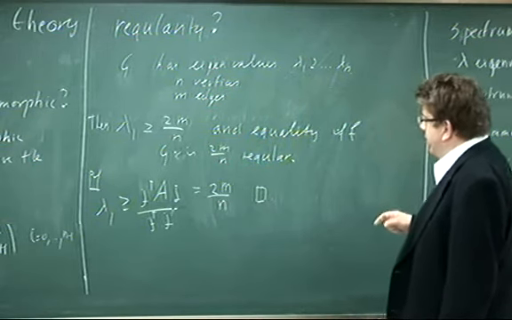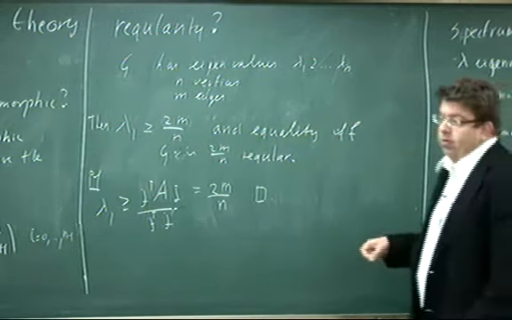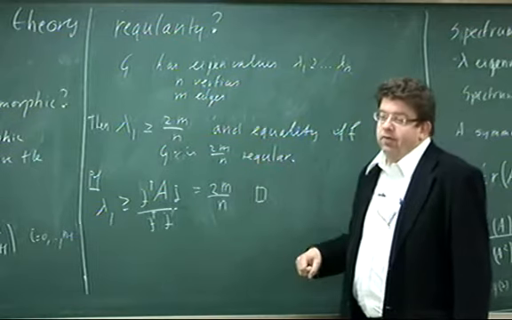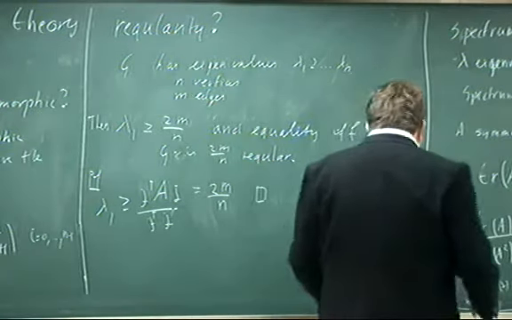But if it's K regular, you can also see how many connected components it has, because the number of connected components is exactly the multiplicity of the last eigenvalue. Okay, that's all fairly easy.